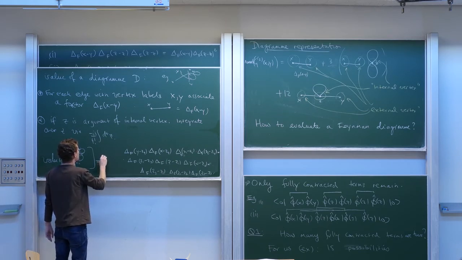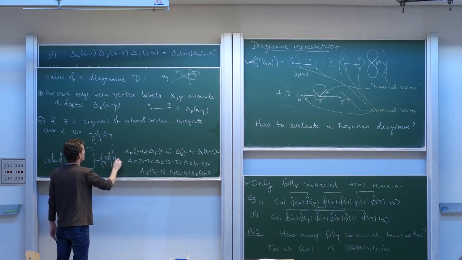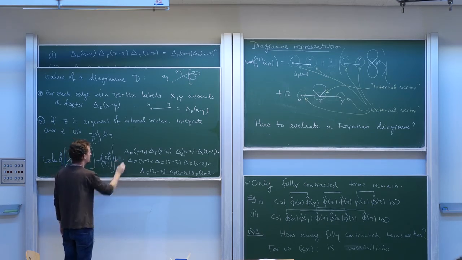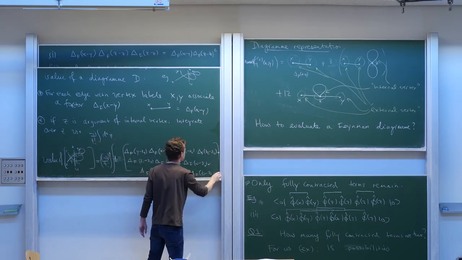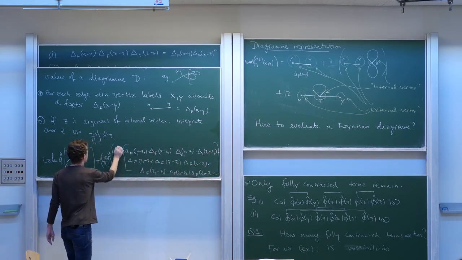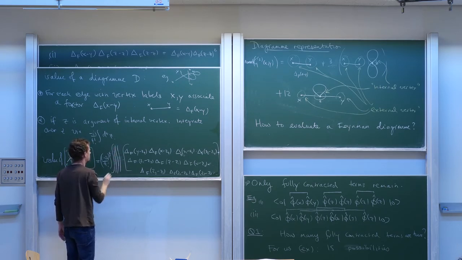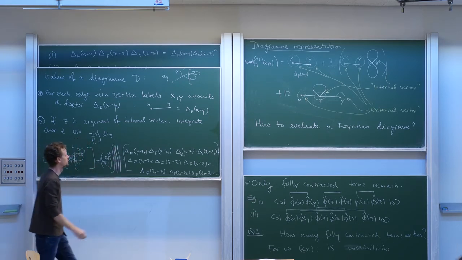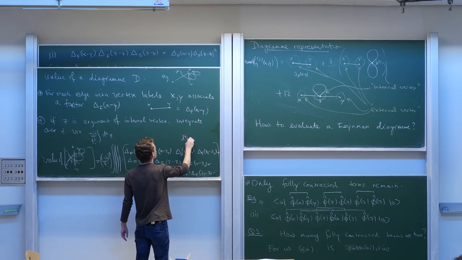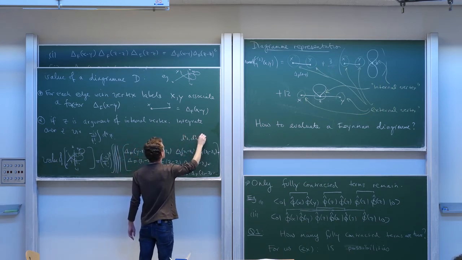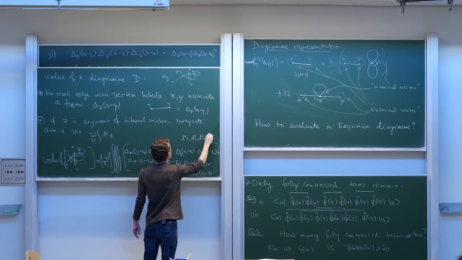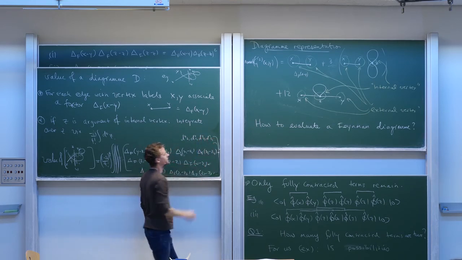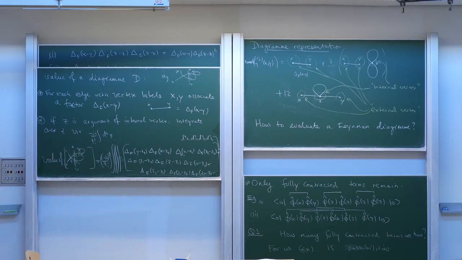So this is minus i lambda over 4 factorial to the power 4, integral dz1, dz2, dz3, dz4.